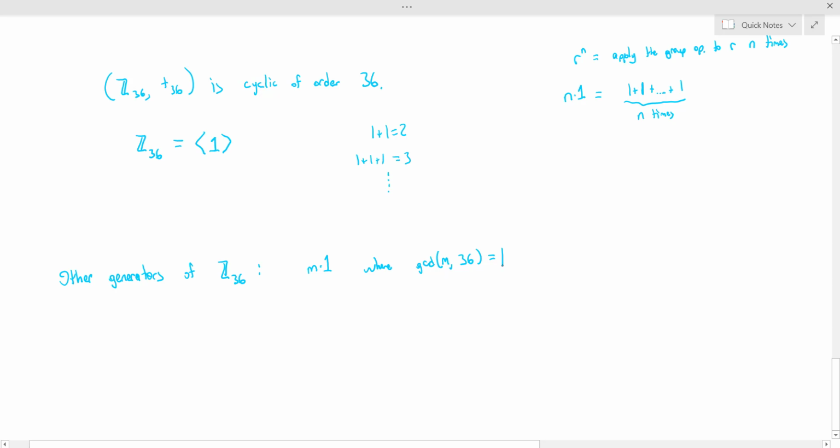So the greatest common divisor would be 1. And of course, m times 1 is just m. So basically, we're saying the other generators will be the numbers which are relatively prime to 36. Okay? So thinking about all the numbers between 1 and 36, which of them are relatively prime to 36?